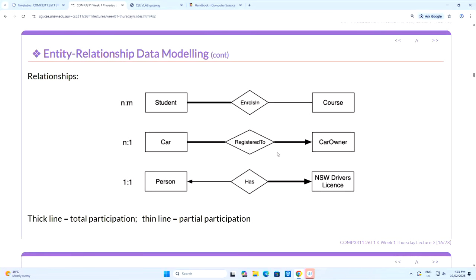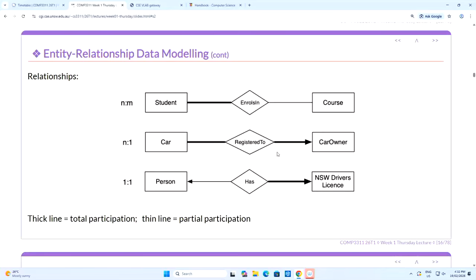And the last one, the person and the NSW driver license, this is a one-to-one relationship. On which side do they have total participation? A person does not need to always have an NSW, New South Wales driver's license, but a driver's license needs to have somebody associated with it.